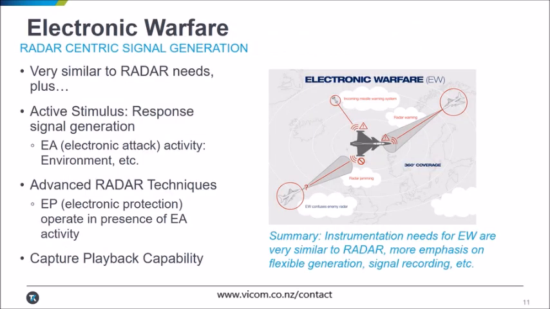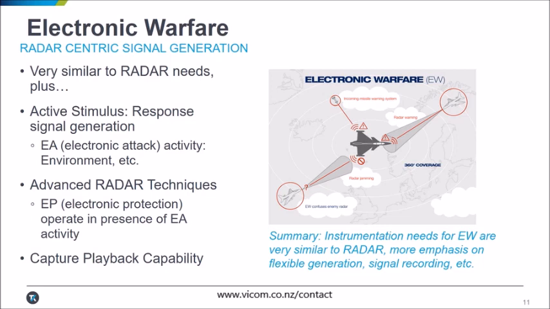Electronic warfare applications present additional challenges for signal generation. Signal generation requirements include nearly everything discussed thus far in terms of complex modulation RF pulses for radar. EW applications have additional requirements for quickly changing or adapting the pulse RF signal modulation or other characteristics.